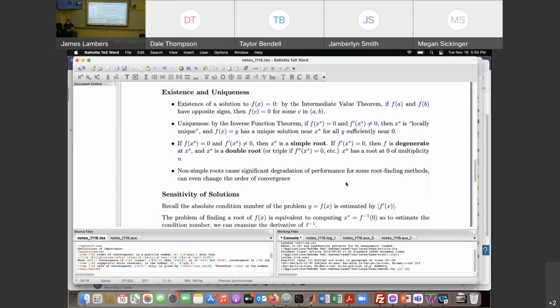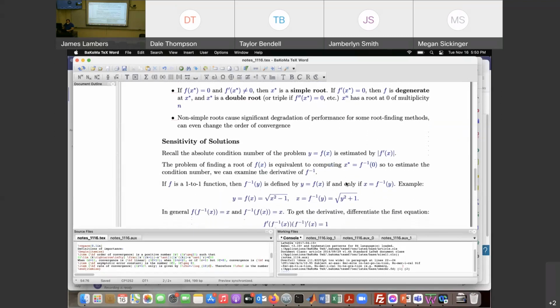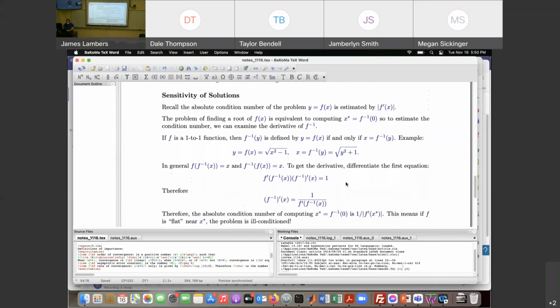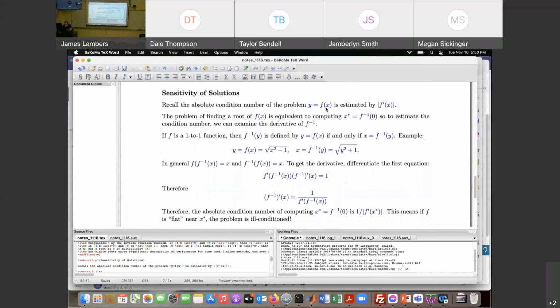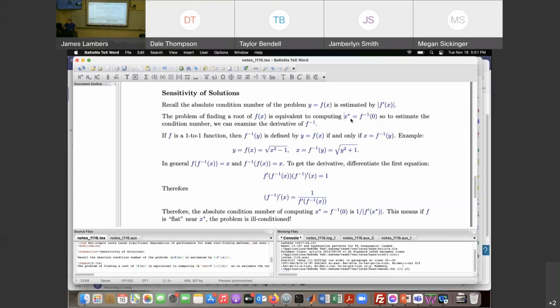And this takes me to the next point about sensitivity. So the general definition I'd given way back in chapter 2 for the general problem of computing y equals f of x is an absolute condition number, which comes from a derivative. Now, this is not what we're computing here. Here we're trying to find a root. So if we're trying to find x star so that f of x star is 0, that's the same as saying this: x star is f inverse of 0.